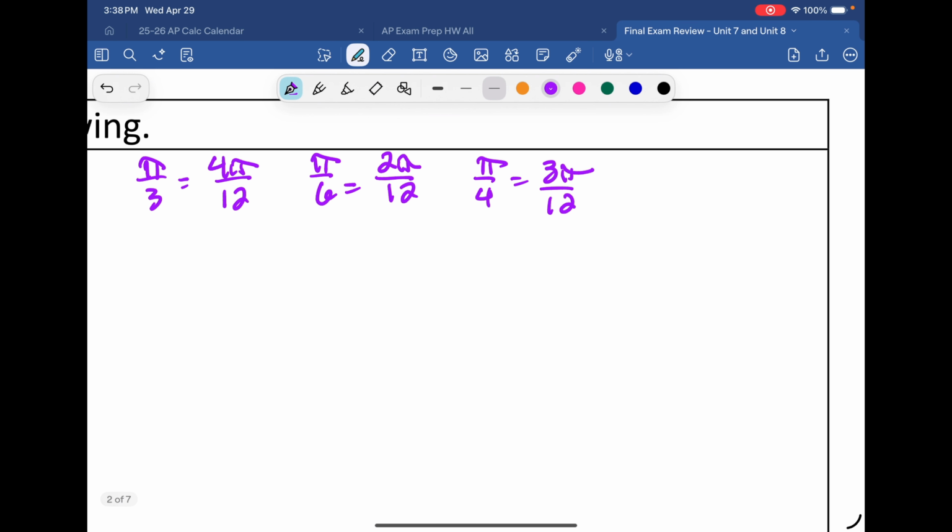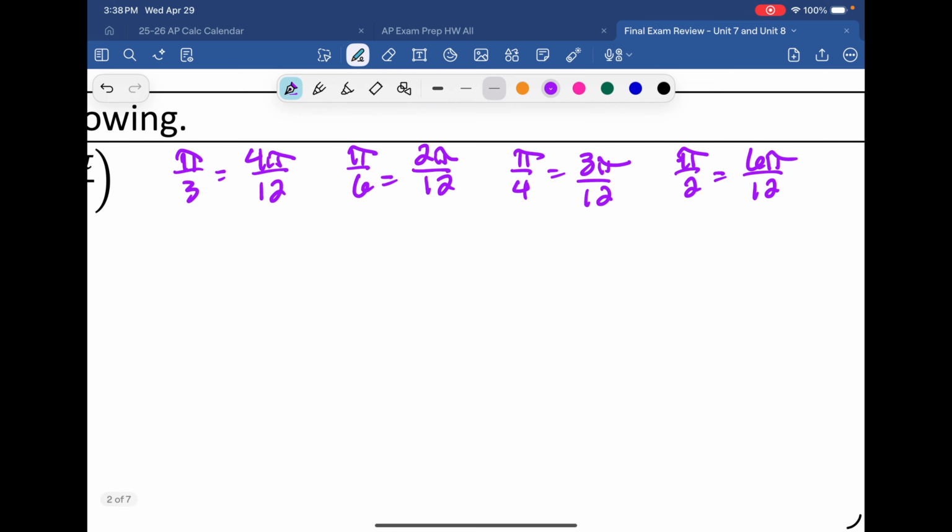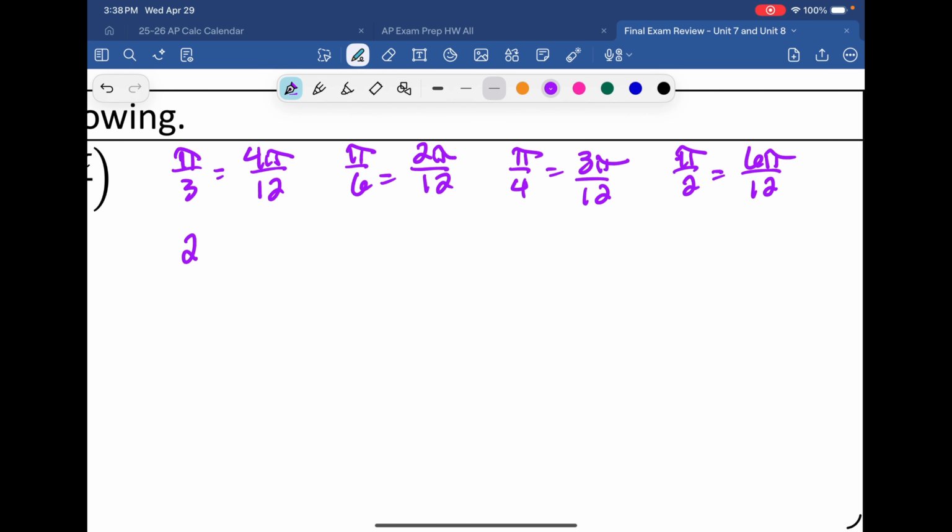And for the remaining, the sum needs to be 19 pi. So I'm going to try pi over 2. Not quite. I'm going to try 2 pi over 3. Okay, I'm going to try 3 pi over 4.